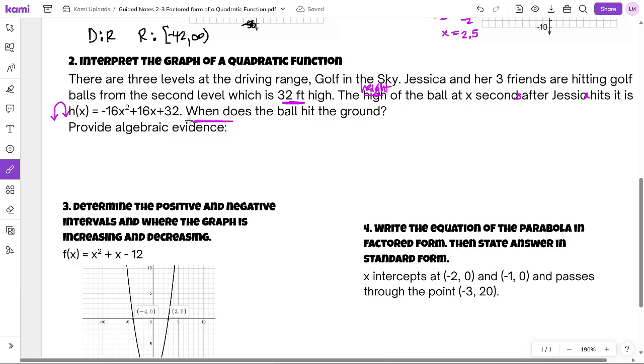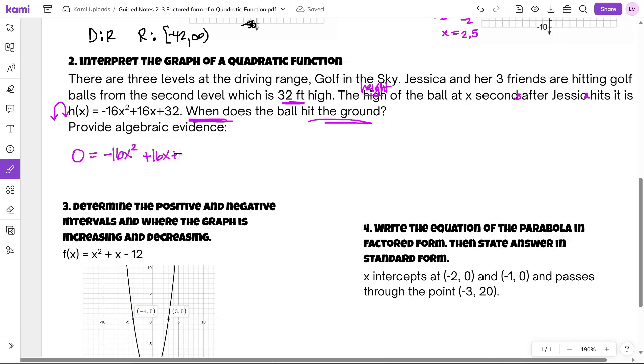So I'm looking for the time that it hits the ground, and so we will graph that and see where it hits the x-axis. So I will let you guys do that. Providing evidence, I'll let you graph it on Desmos, but providing the evidence, I'm plugging 0 in for the height, and then I'm going to factor.